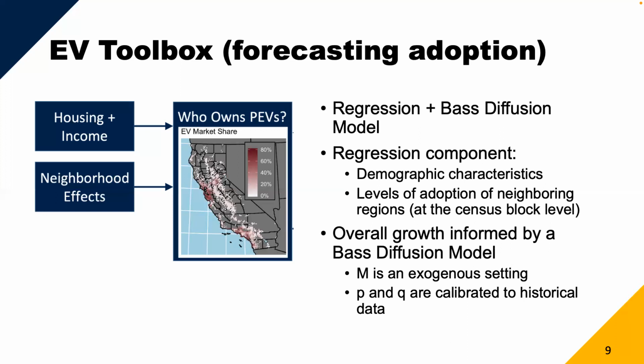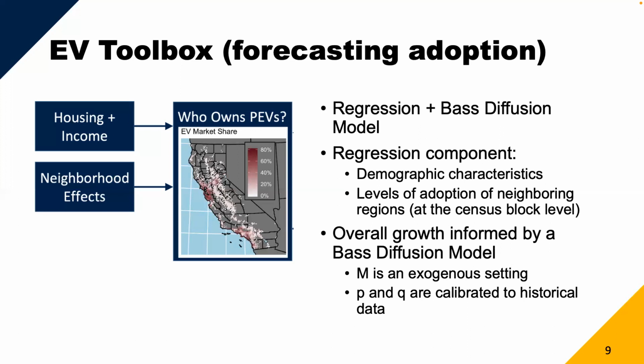There are more complex versions of the Bass diffusion model where you can include more generalized parameters, so you could explicitly control for something like vehicle price. But that's not how it's done, at least in this model.